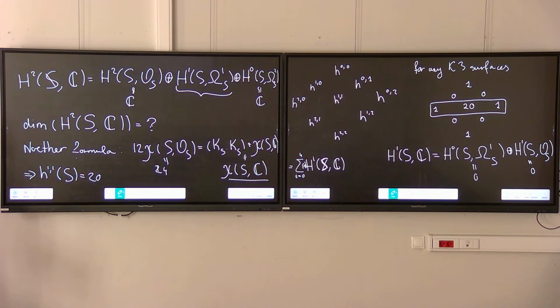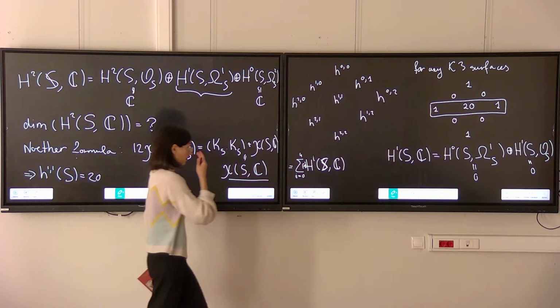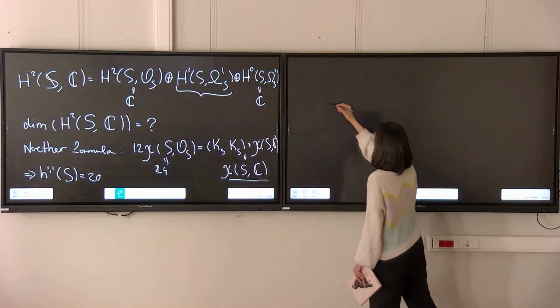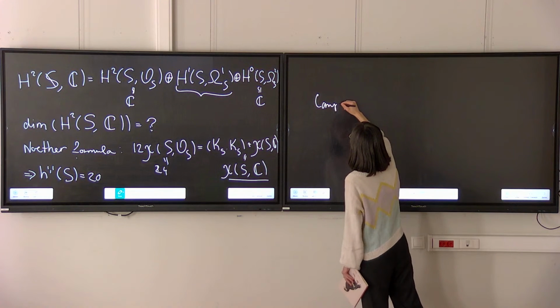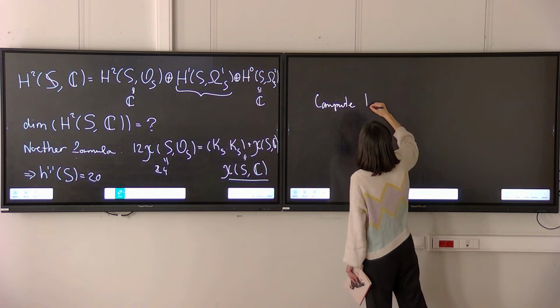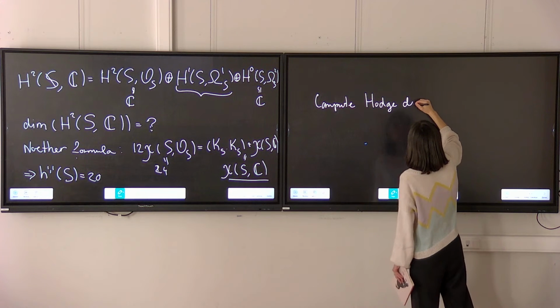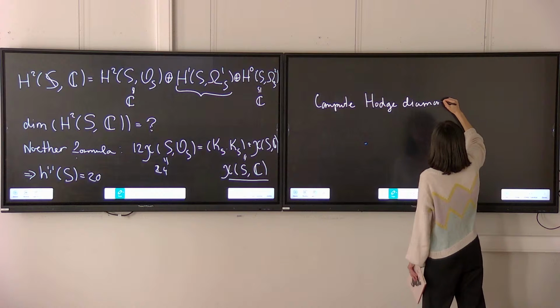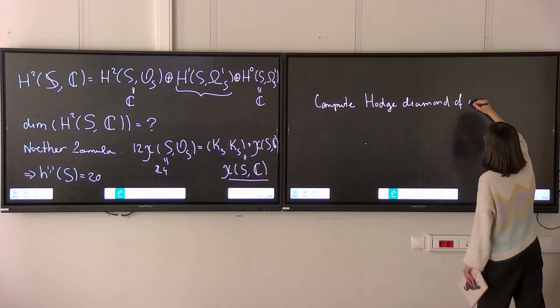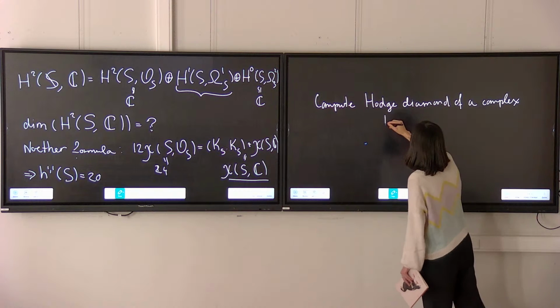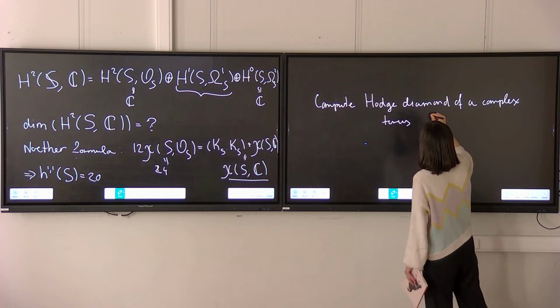Let me give you an exercise, because I didn't give you an exercise before. Please compute the Hodge diamond of a complex torus.